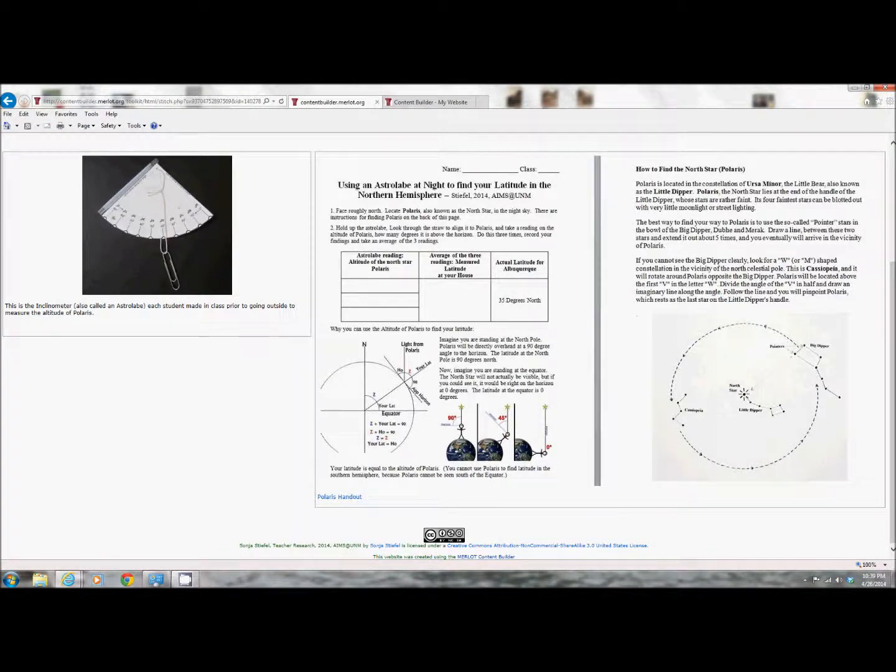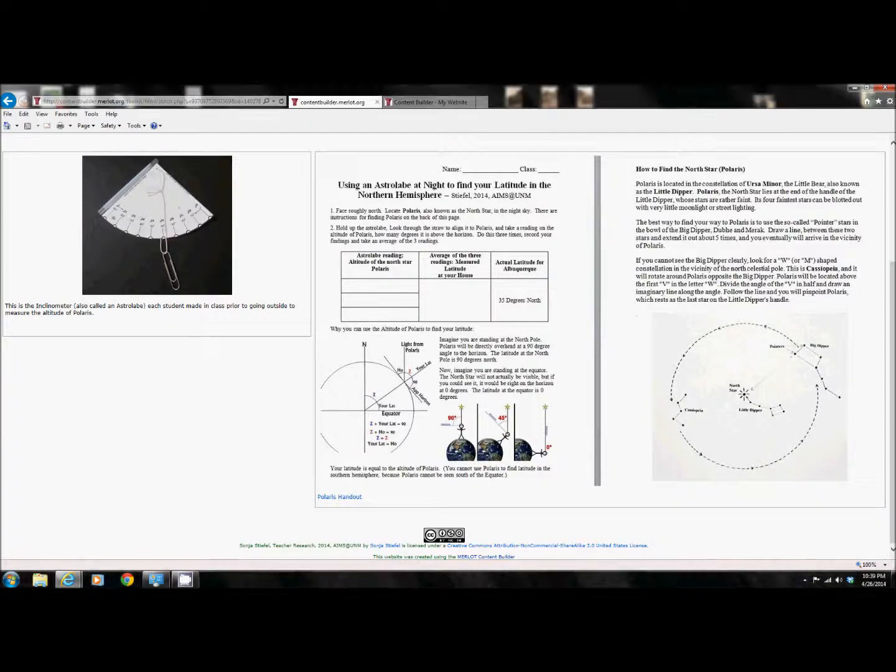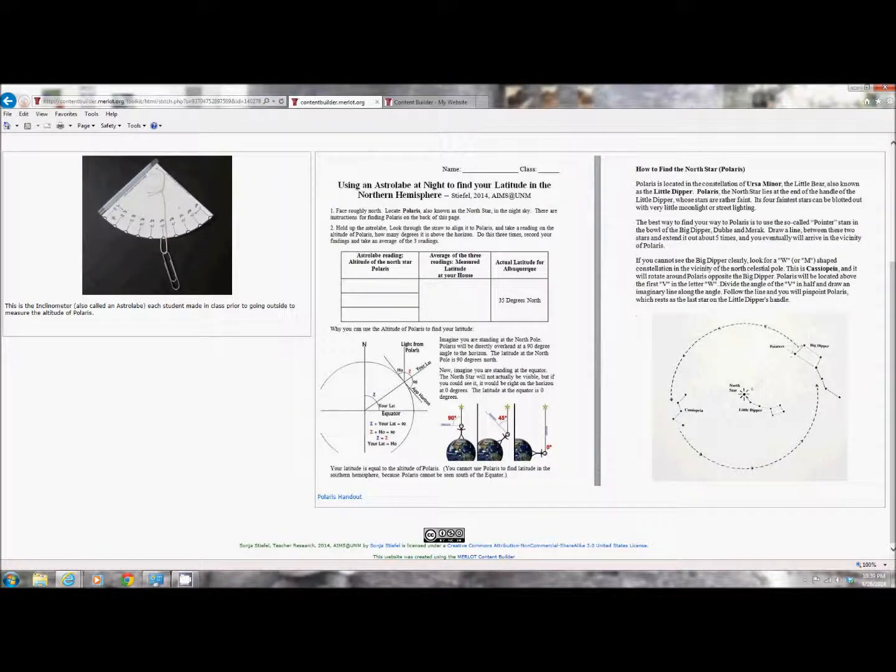I gave them this handout here that describes how to find the North Star and what they needed to do. And they went out over a long weekend to discover the altitude of the North Star. The altitude of the North Star equals the latitude in Albuquerque, and all of my students came back with results somewhere between 30 and 40 degrees north, which is close to the actual altitude for Albuquerque.